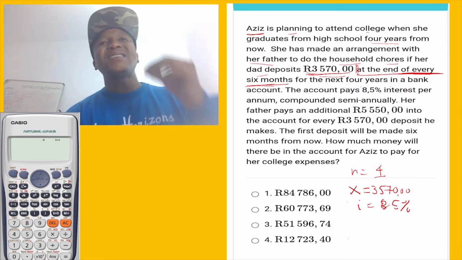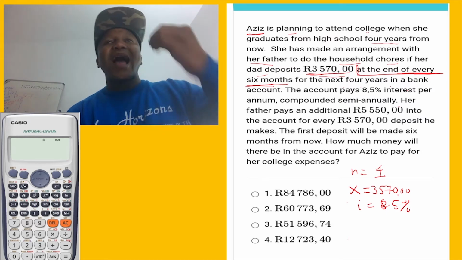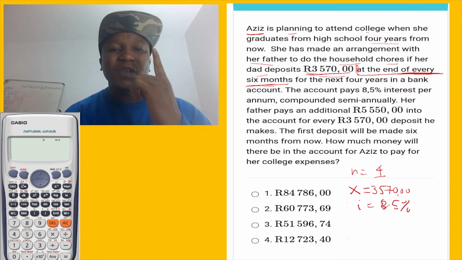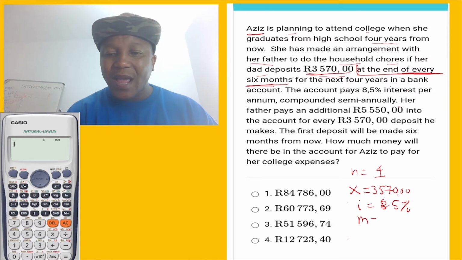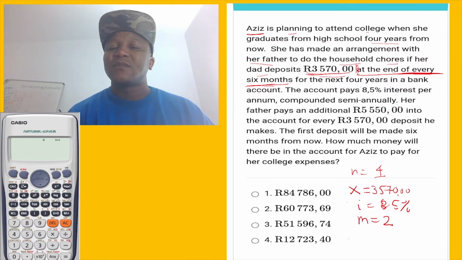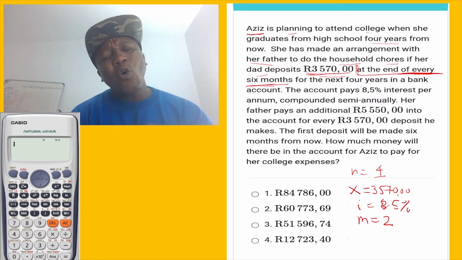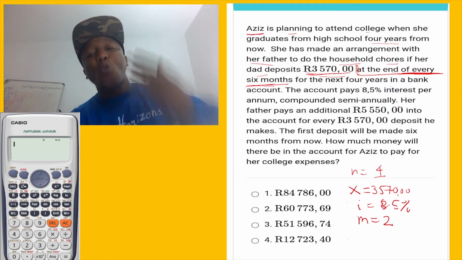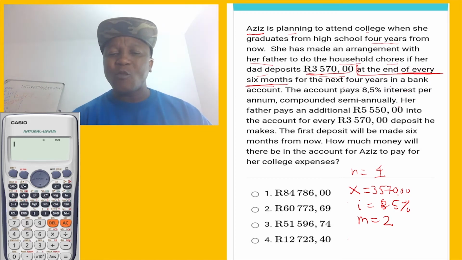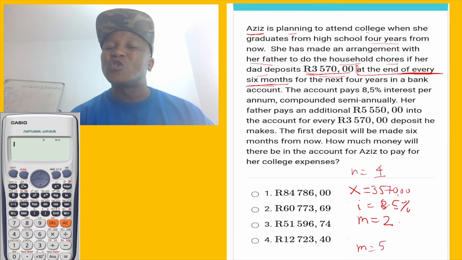What is semi-annual? Annual means 1 year. How many halves are in 1 year? There are 2. So M equals 2. But not all the time is it going to be semi-annual. They might say it was compounded weekly. Then how many weeks in 1 year? Your M is not going to be 2 anymore, it will be 52.